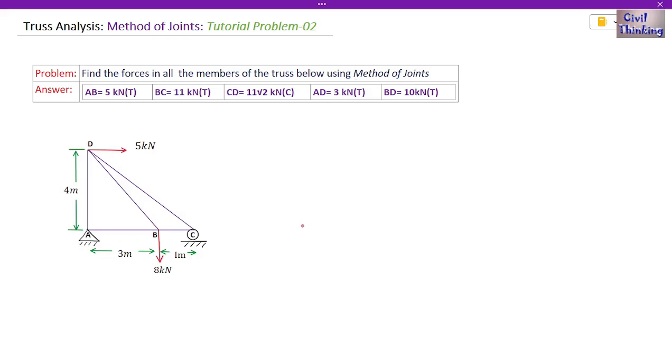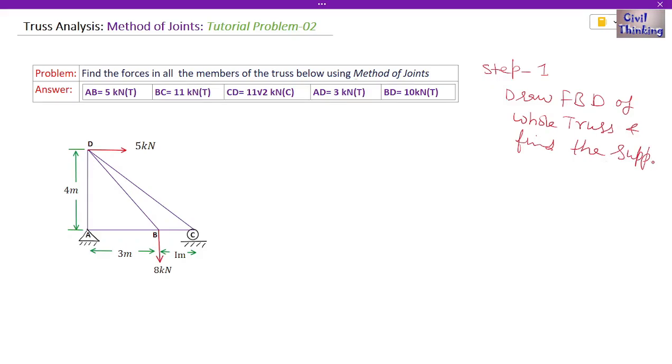Now there are some steps in method of joints. Step 1 is draw the free body diagram of the whole truss and find the support reactions.